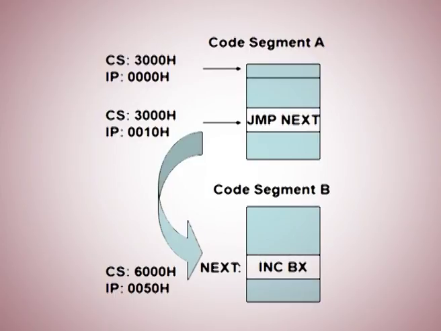Thus, a jump instruction changes the contents of these registers, resulting in the transfer of control to a new location. The program instructions will then be fetched from the new location. In this way, the instruction execution continues at another address instead of the next instruction in the sequence.